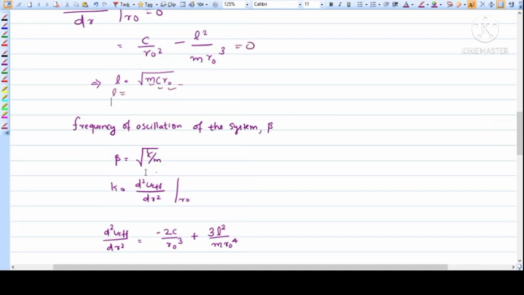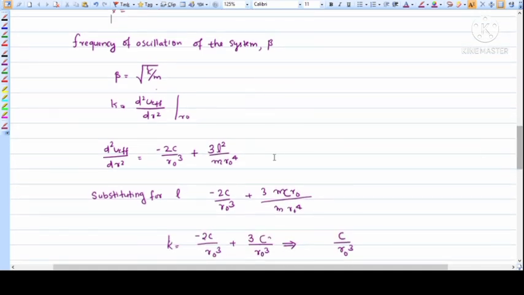Let us take it as beta, so it is root K by M. K is equal to, this all you studied in chapter 4, K is equal to d square U effective by dr square at R equal to R0.